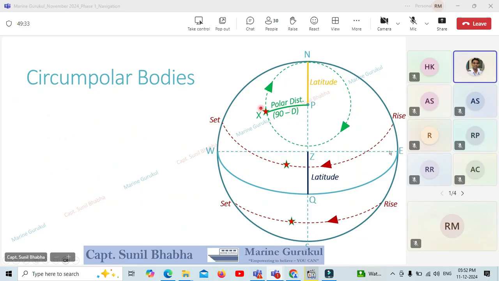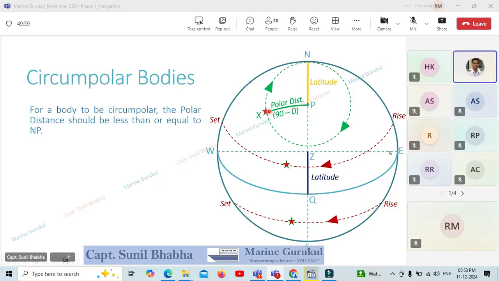Now in this diagram, I have also shown the polar distance of the body, PX. This represents the polar distance of this circumpolar star, and it is always equal to 90 minus declination. So polar distance in this case, which is 90 minus declination, is shown in the diagram.